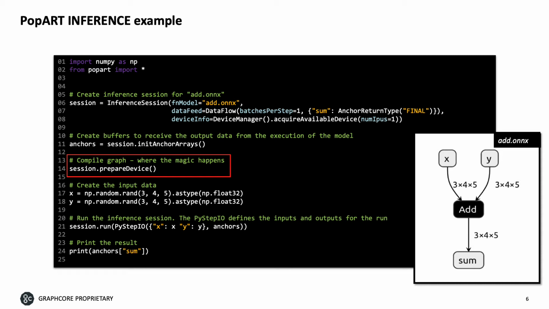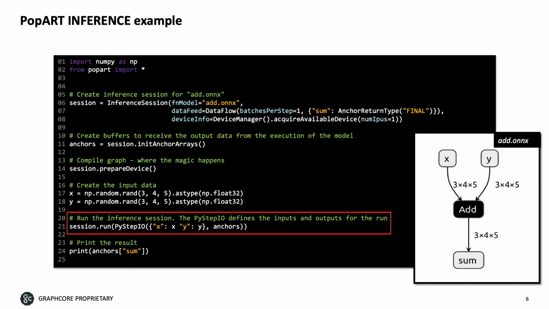It does a lot of work, including performing graph optimization and compilation, and loading the graph onto the device. Once it has completed, your IPU is ready to execute. Next, we create some random data, and then we invoke the session run method.